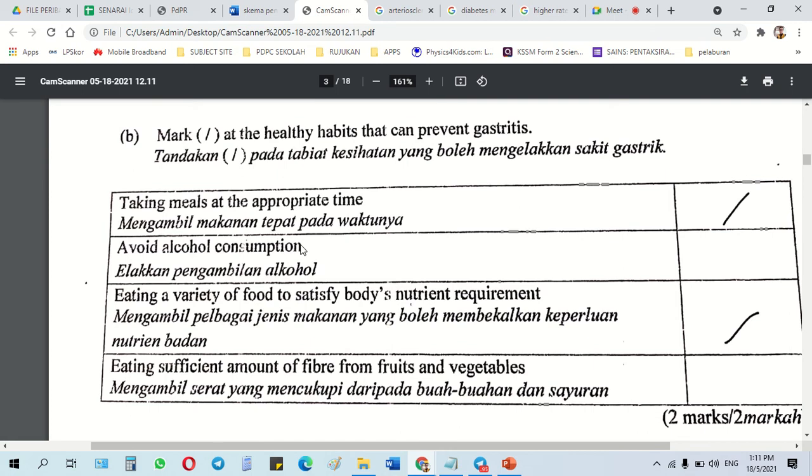So dia akan corrosive. Dia akan bahagian dalam usus ataupun perut kita tu tadi, because it is corrosive, dia boleh sebabkan gastrik tu lebih teruk lah. Maybe boleh jadi ulcer. So yang ni tak lah, yang ni salah. So it should be this one and this one.